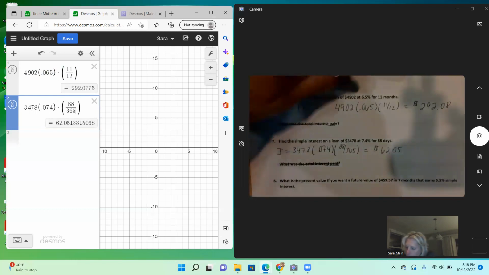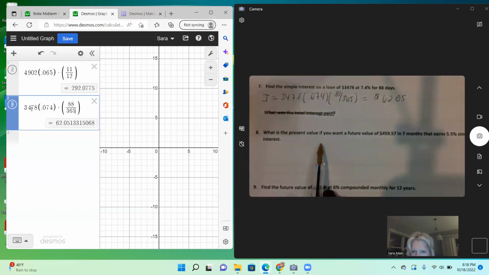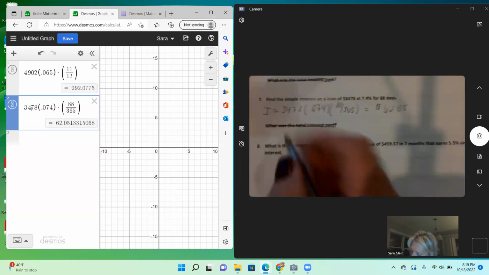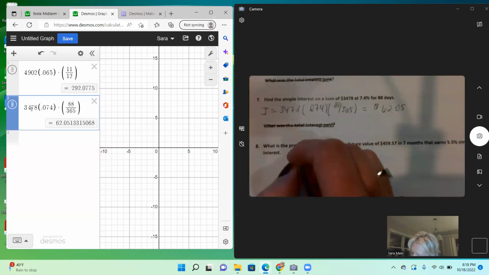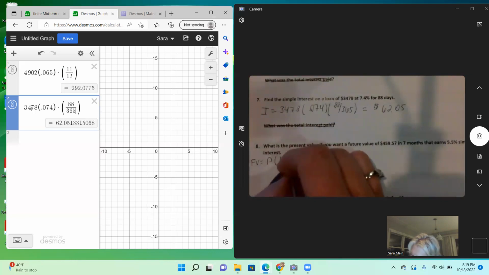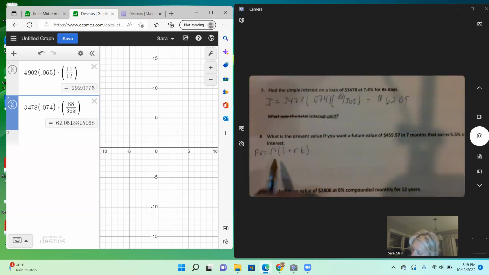Number 8 says, what is the present value if you want a future value of $459.57 in 7 months that earns 5.5% simple interest? So this is our usual formula. But this time we want to know what the present value is.